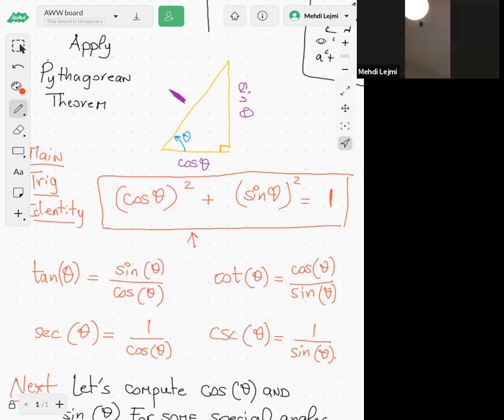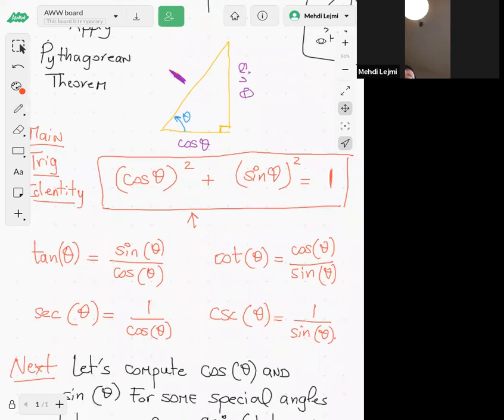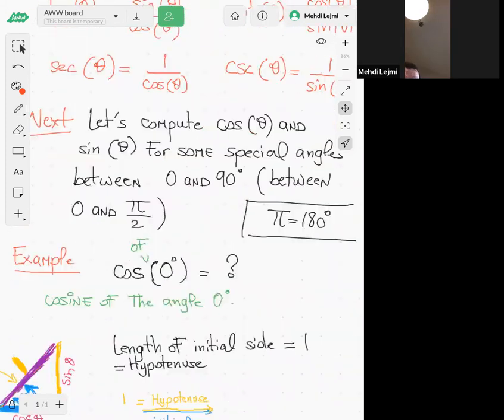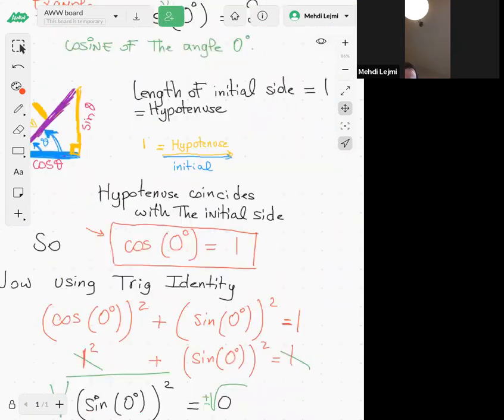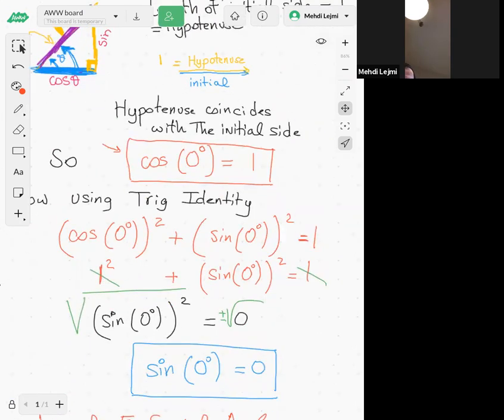Now, what I'm saying is, if my angle theta is 0, then cosine of the angle 0 squared plus sine of the angle 0 squared is equal to 1, using our trig identity when the angle theta is 0.